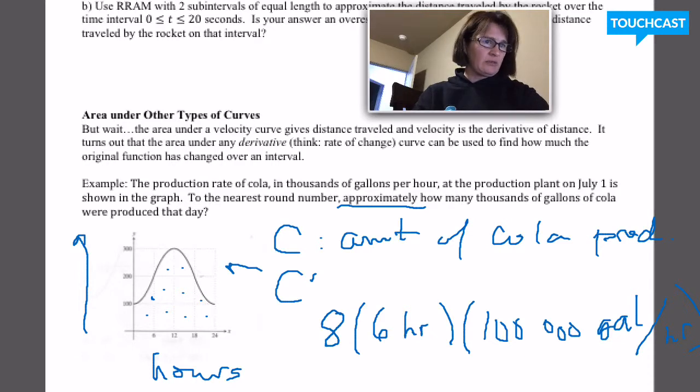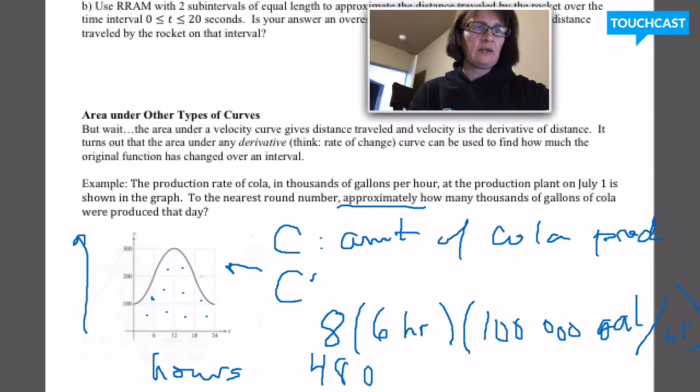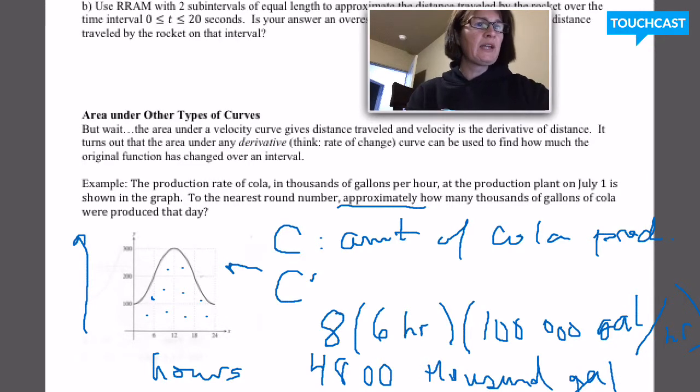Notice the hours in my units are going to cancel. 8 times 6 is 48. 4,800,000 gallons per hour is going to be my answer. So 4,800 and then 1,000 gallons. Be really careful about the units.